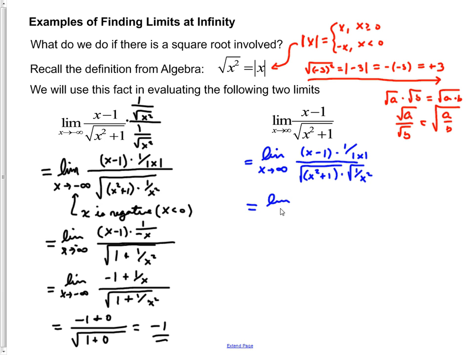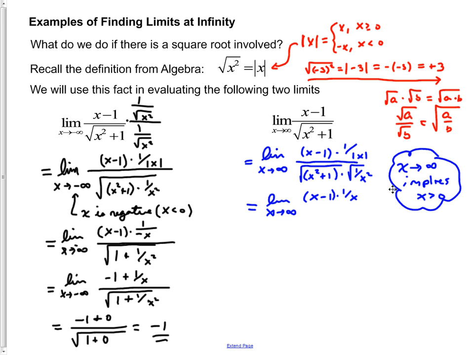So now let's rewrite this once more. This is the limit as x approaches infinity of x minus 1 times, in this case, 1 over positive x, since x is greater than 0 now. When we say x approaches infinity, it implies that x is greater than 0 this time.